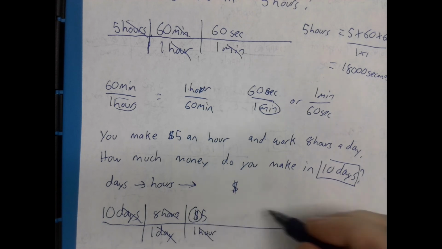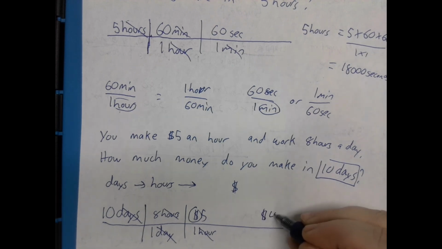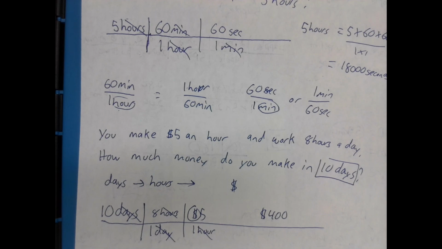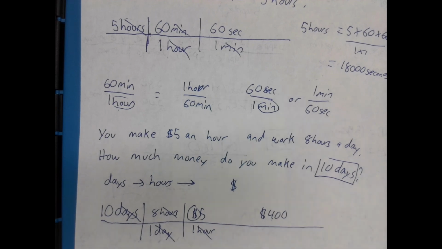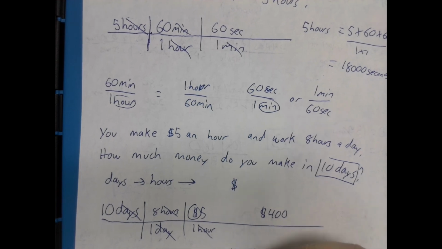So again, you multiply the numerator and divide by the denominator. So that'd be $400. The answer would be 10 times 8 times 5 divided by 1 times 1.